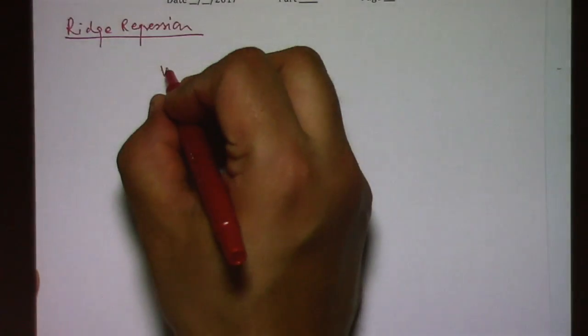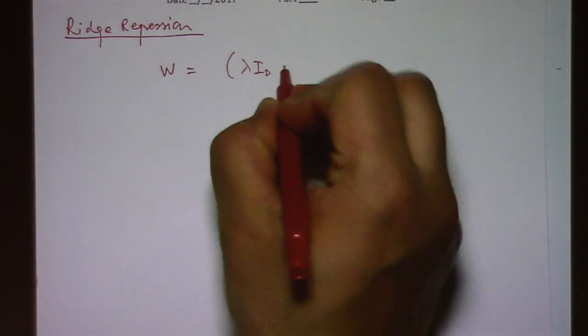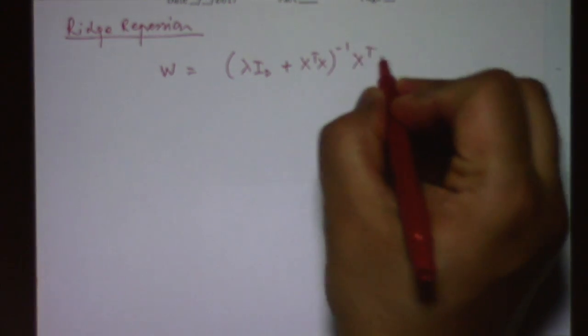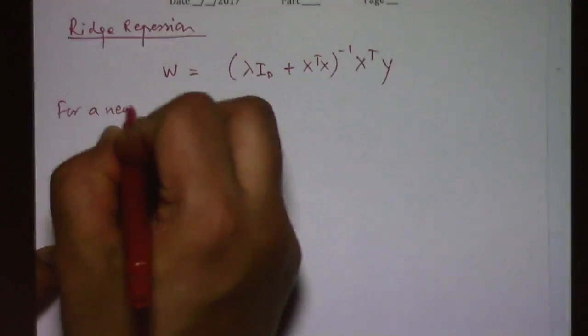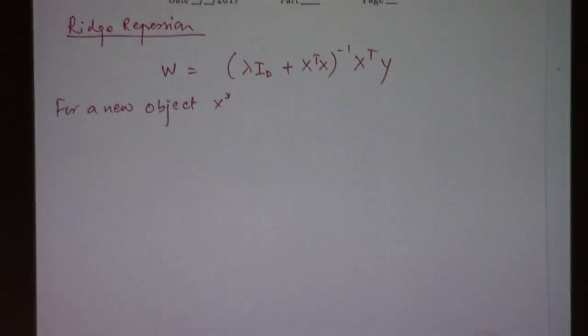Now, if you remember regression, that was a long time back, the ridge regression estimate. So let's talk about ridge regression, and regression would be the same as ridge regression with lambda as 0. You all did this before. This means that when I get a new data point, a new object x star, so far we are still assuming that x star is in R^D, otherwise this whole thing doesn't work.